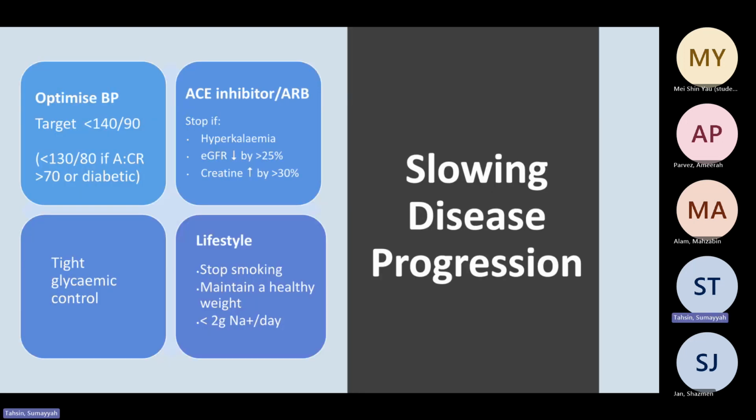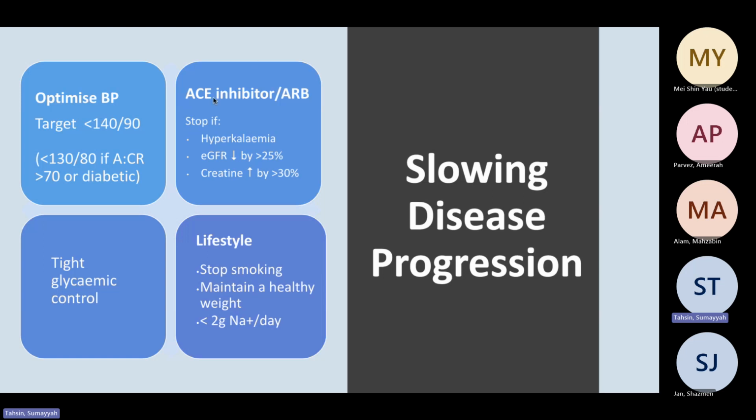Okay, so slowing down disease progression, so treating the underlying cause, we want to optimize their blood pressure. So we want to have a target blood pressure of less than 140/90. However, if they are diabetic or they've got an albumin creatinine ratio of more than 70, their target would be even lower. So we'd manage this with blood pressure medication.